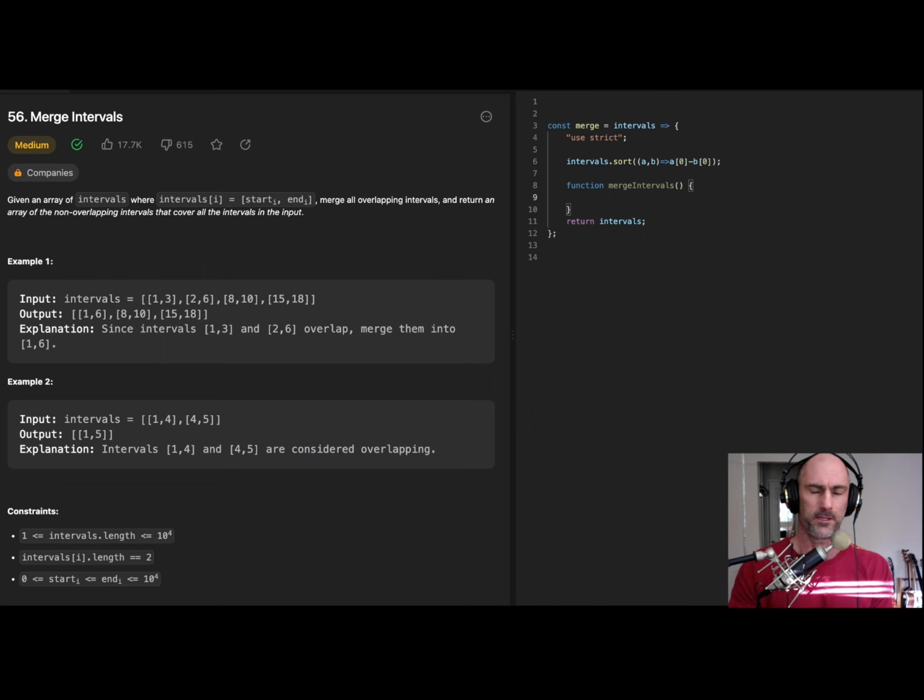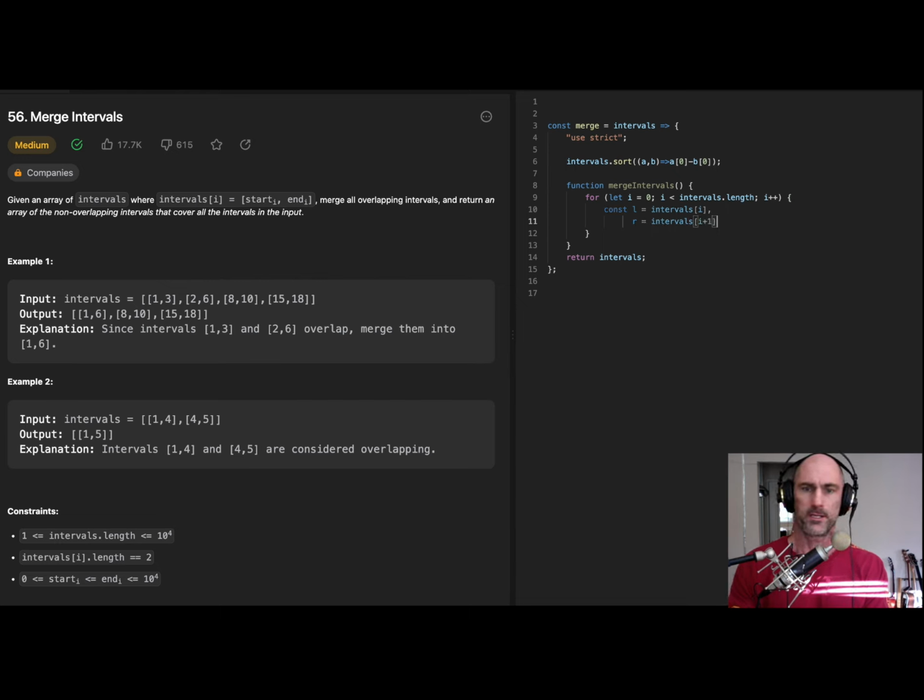I'm just going to modify the input. For let i equal 0, i less than length, i plus plus, const L equals intervals i, that's the first interval. R equals intervals i plus 1.